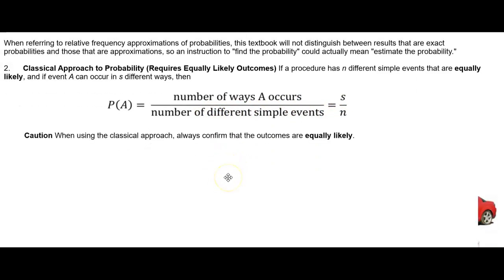Caution: when using the classical approach, you always want to confirm that the outcomes are equally likely. When you're seeing that in a question, you want to make sure that it's saying that the outcomes are equally likely. Then you can use this form.